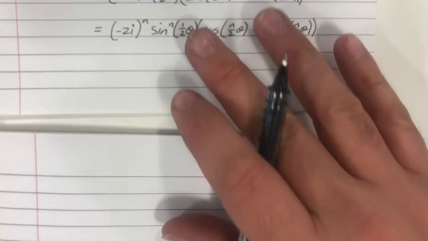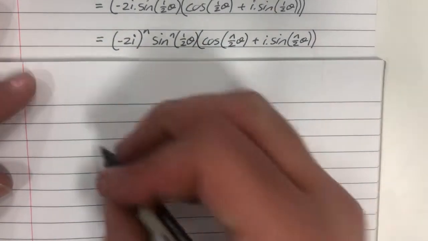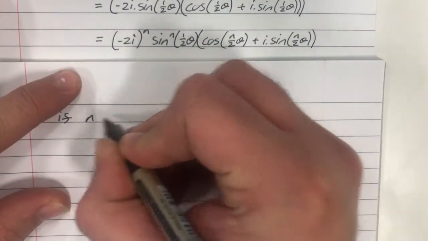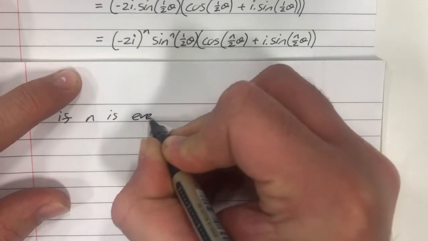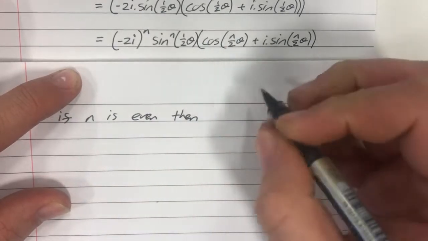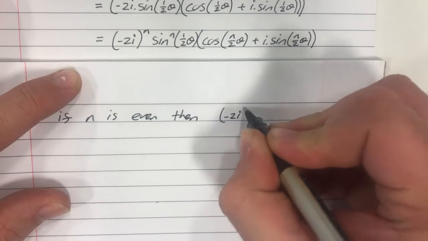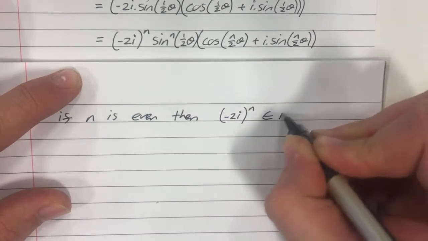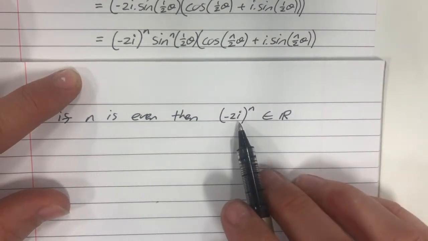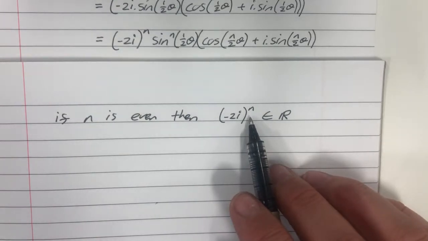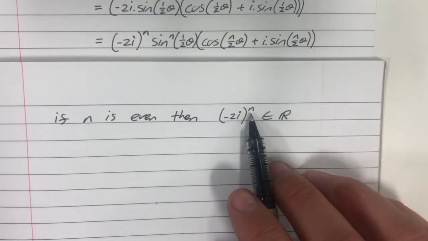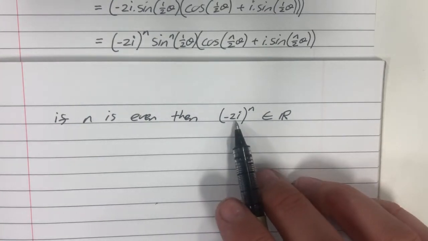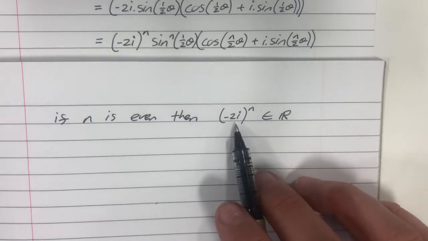Now from there it matters if n is even or odd. If n is even, then minus 2i to the n is real, because I'll be raising i to a positive even power. So that's going to become real. It might be negative, it might be positive, but it will be real.